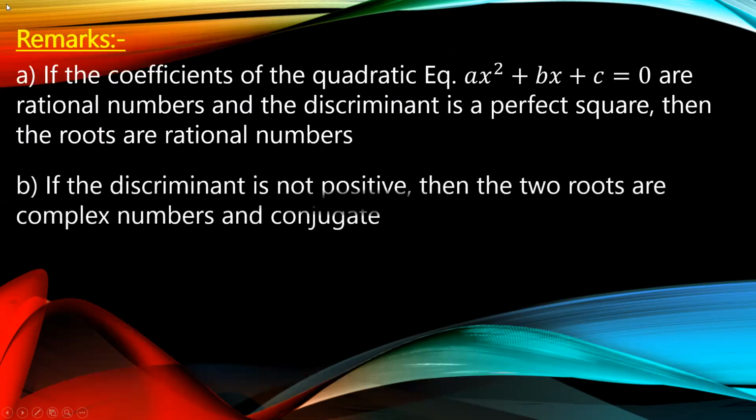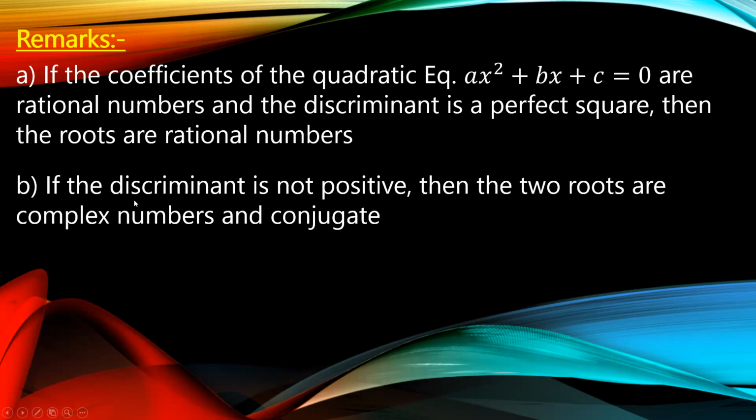Remark: if the coefficients of the quadratic equation ax^2 + bx + c = 0 are rational and the discriminant is a perfect square, then the roots are rational. Again, if a, b, and c are rational and the discriminant D is a perfect square, then the roots are rational numbers.